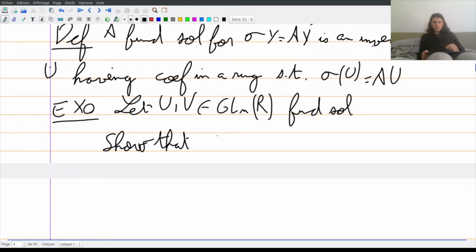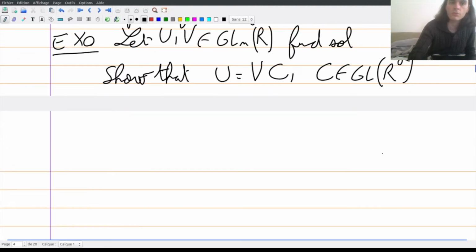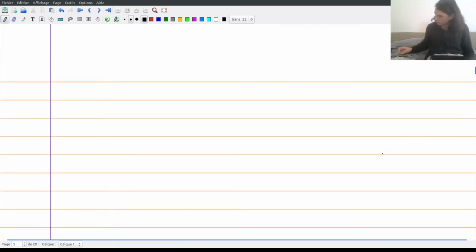Show that U equals V times C, where C has constant coefficients. It's a straightforward computation, and we are going to reprove this result in a few minutes. So if you want to be spoiled, you can just wait.